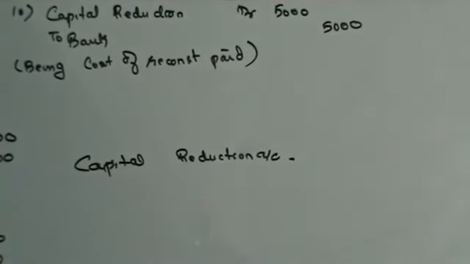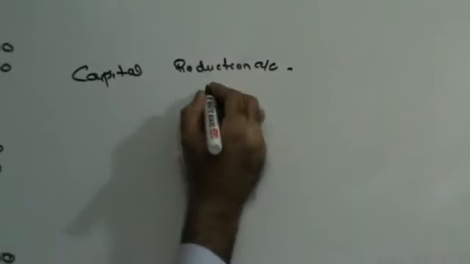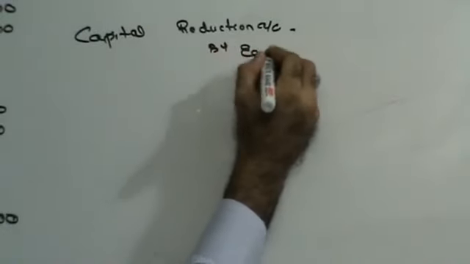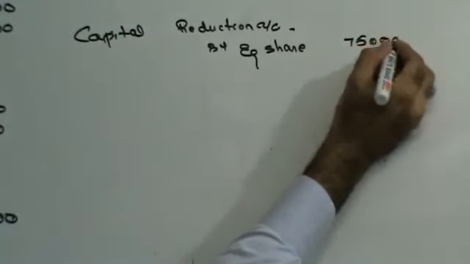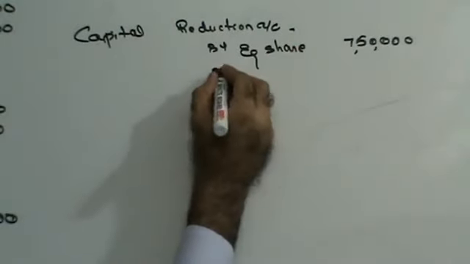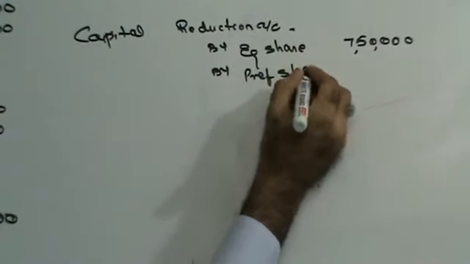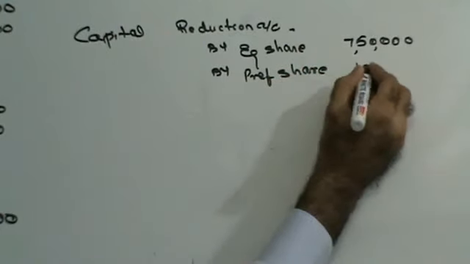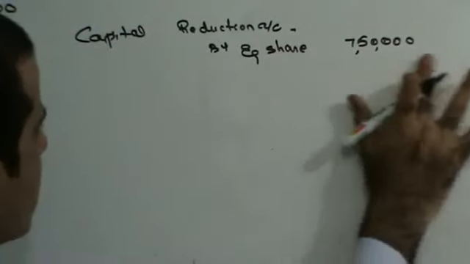Now let's see this capital reduction on the credit side. So you will write by equity share capital 7,50,000. Then on the credit side, by preference share capital 1,20,000. On the debit side, no, there is no capital reduction in that preferential.